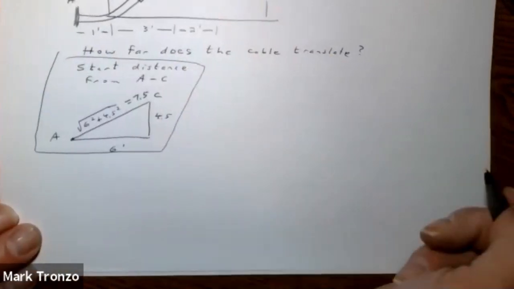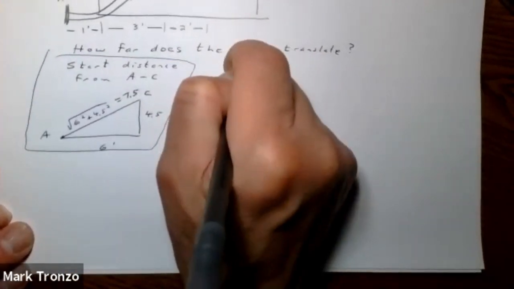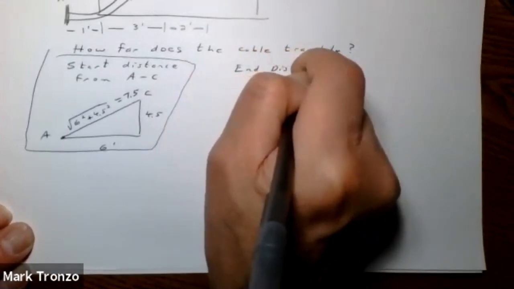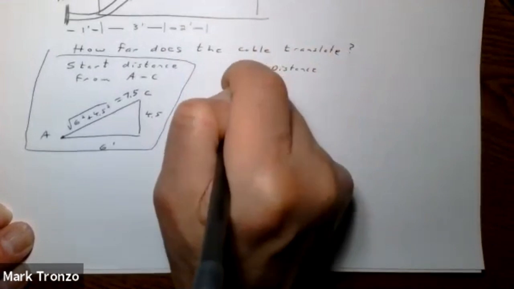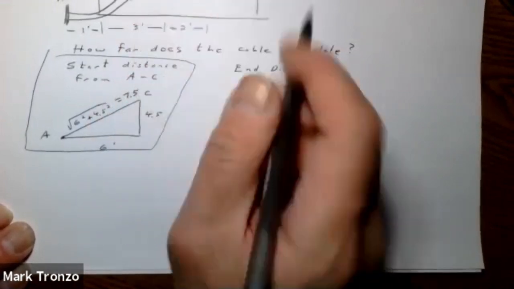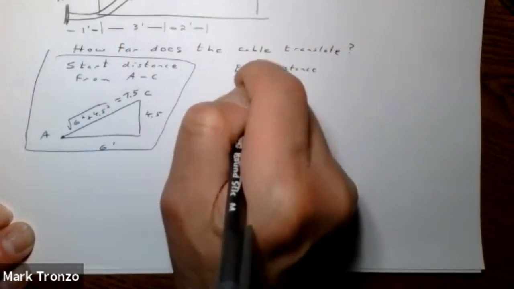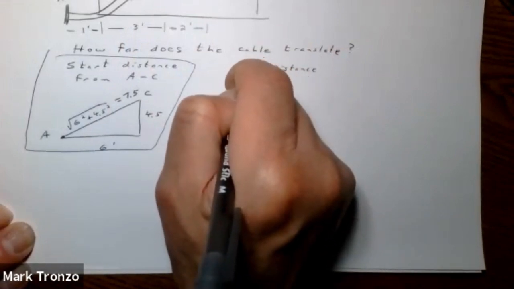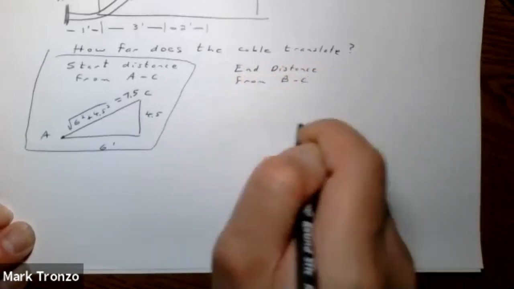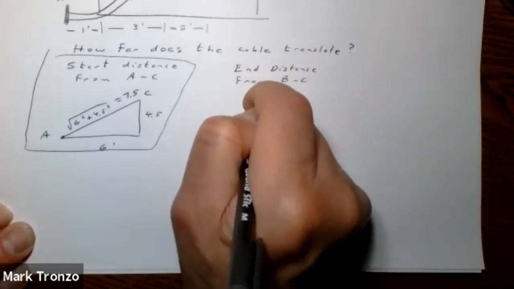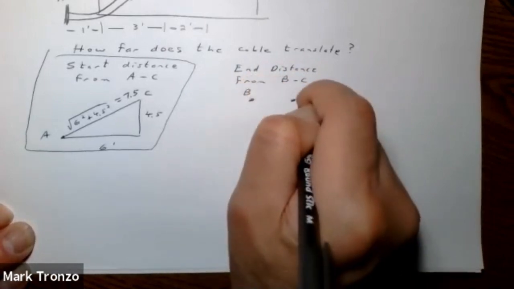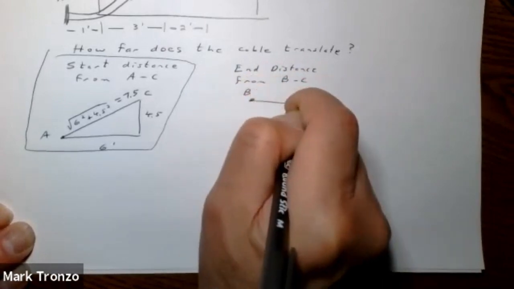At the end, it's going to end over here. So we want to know the distance from B to C. And so there it's just simply going to be like this.